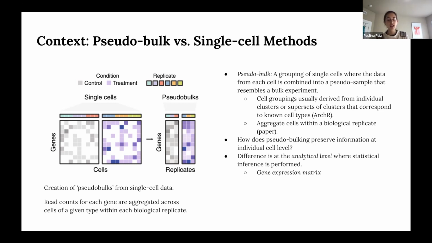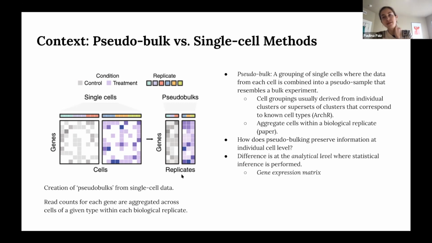And more generally, this last bullet point here is just saying that the difference between pseudobulk and single cell methods is at the analytical level where statistical inference is performed. So of course, single cell methods perform the statistical inference at the individual cell level, whereas pseudobulk do the statistical inference at the level of groupings of cells.